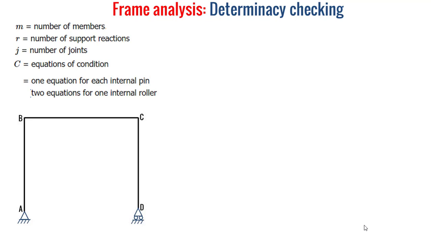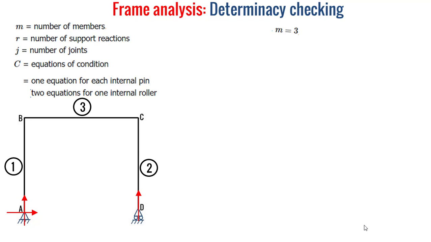So, of course, we have 2 columns and 1 beam, so we have a number of members M equal to 3. For the number of support reactions, we have vertical and horizontal reactions at the point A, since it is a pin support, and we have one single vertical reaction at the point D since it is a roller support.